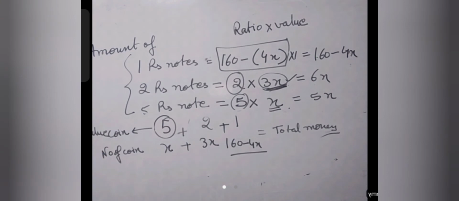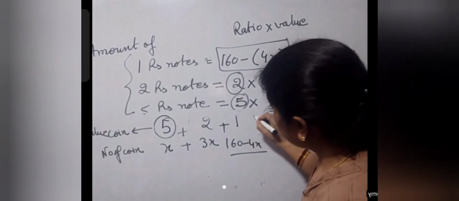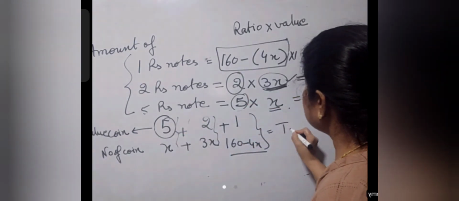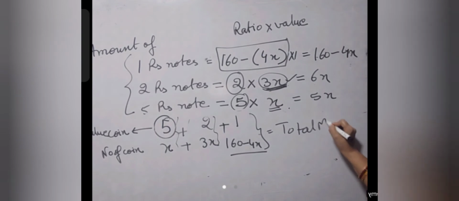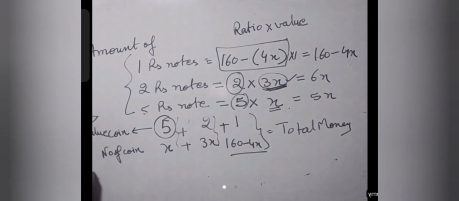Clear? So when we multiply each number with its value, it is the total sum, the total money.